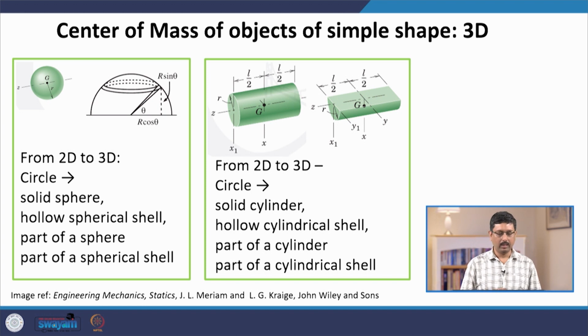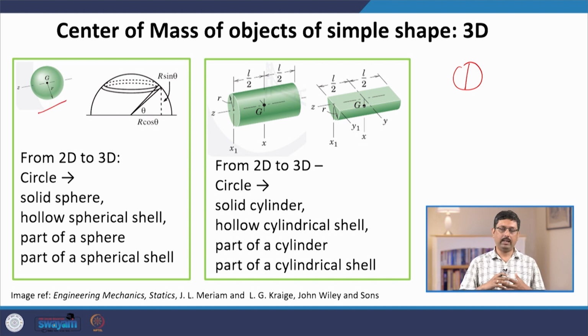Now, if you take a circle and rotate it in the third dimension, then you get a 3D object of revolution. When you go from 2D to 3D, if you rotate a circle about any of its diameters, then you generate a solid sphere, as shown in this figure.